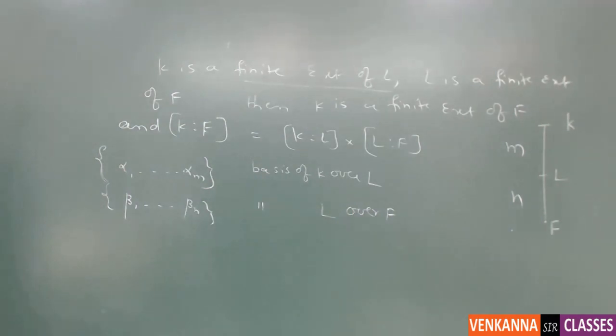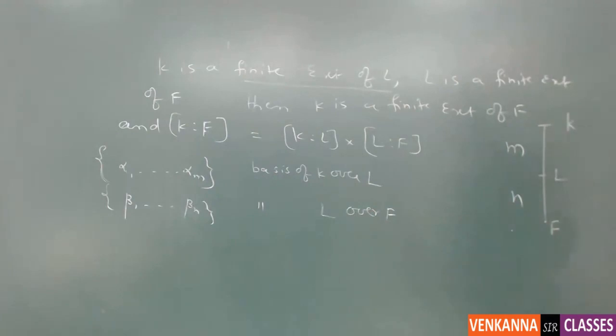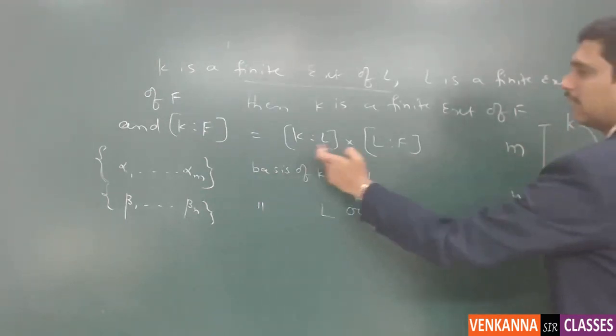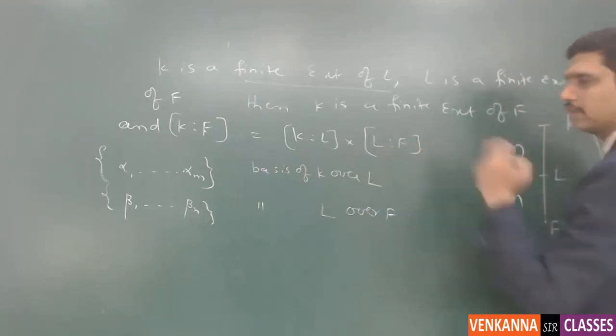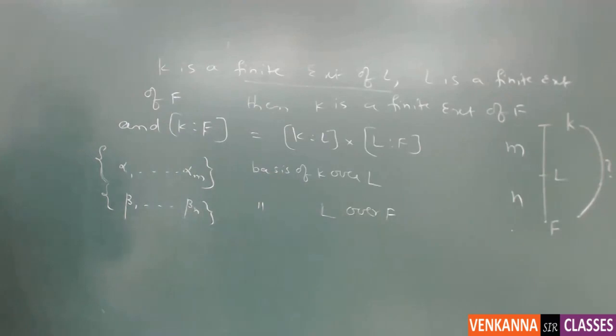So technically speaking, as per the problem considered, what is the dimension of K over F? From the diagram, we can understand that this is the product of these two, M times N, nothing but [K:L] into [L:F]. Accepted? So theoretically, we have to prove that.